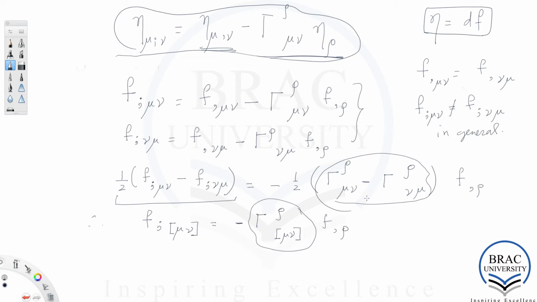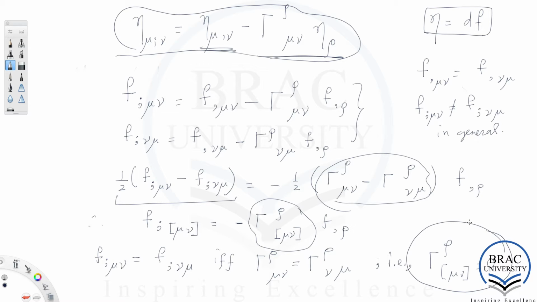So we conclude that f semicolon mu nu is the same as f semicolon nu mu if and only if gamma rho mu nu is the same as gamma rho nu mu. That is, gamma rho bracket mu nu is equal to 0. In this situation we say that the underlying connection is torsion free.